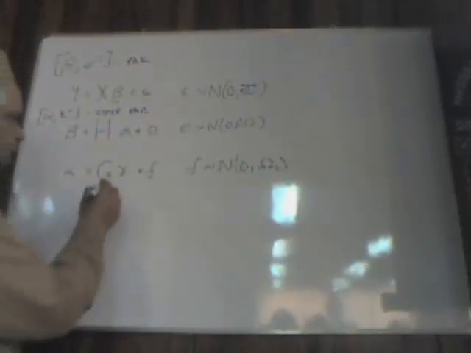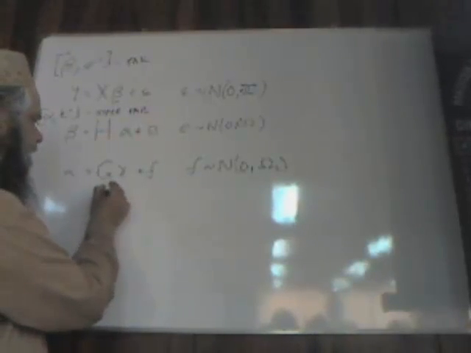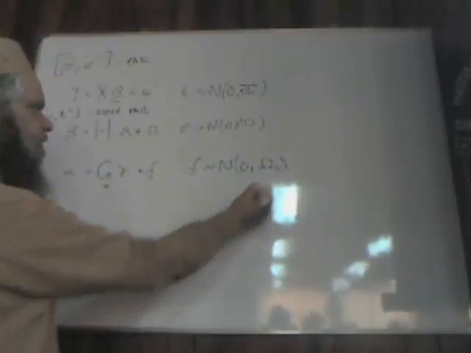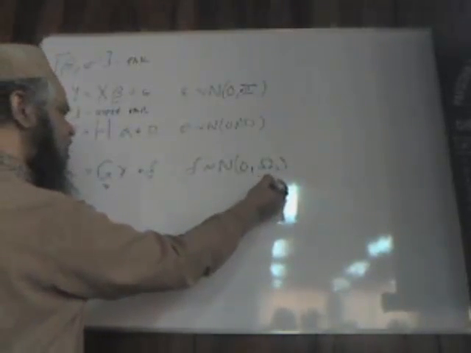So this is hierarchy: first stage data distribution, second stage prior, and a prior on the prior. So this is the hierarchical Bayes model. In this particular case, we assume that G is known, and we assume that omega 2 is known.